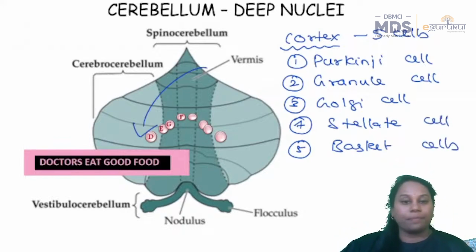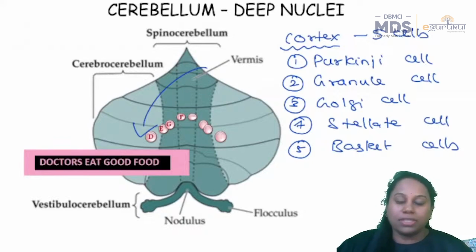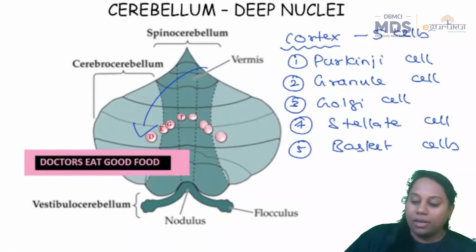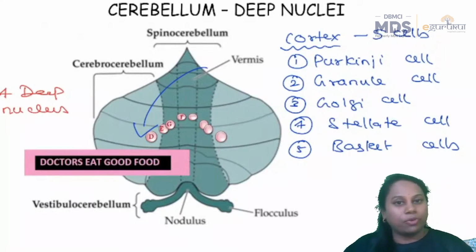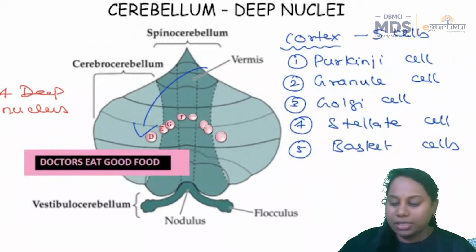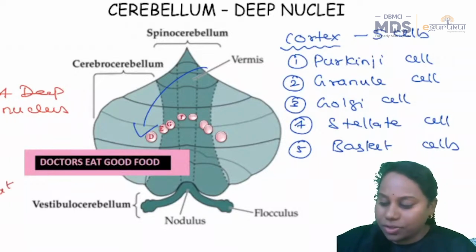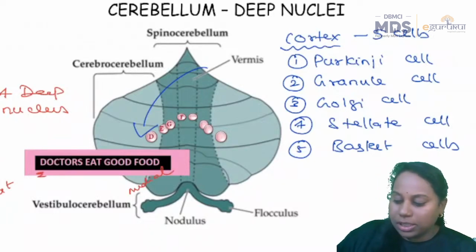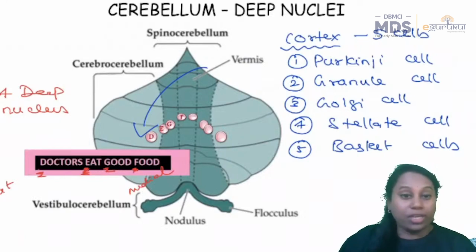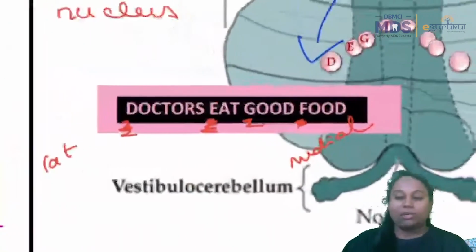Deep inside, there is nucleus of the cerebellum. There are 4 deep nucleus of cerebellum. What are the 4 deep nucleus of cerebellum? The mnemonic is from lateral to medial. Doctors eat good food. Actually no, but the mnemonic is doctors eat good food.